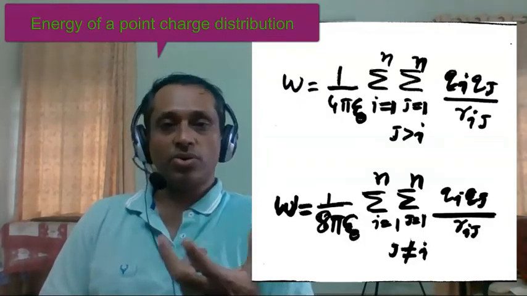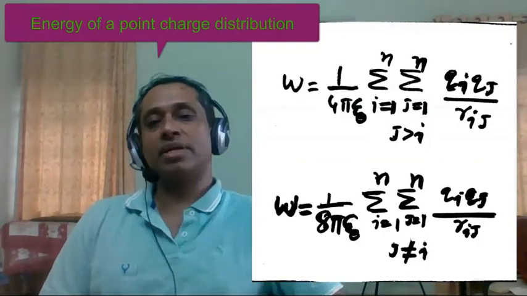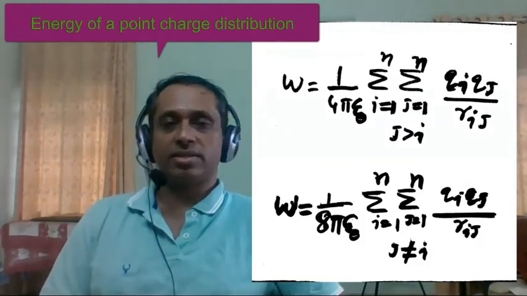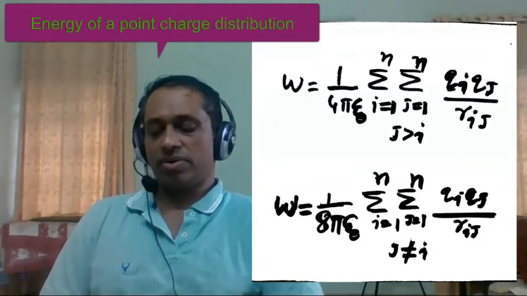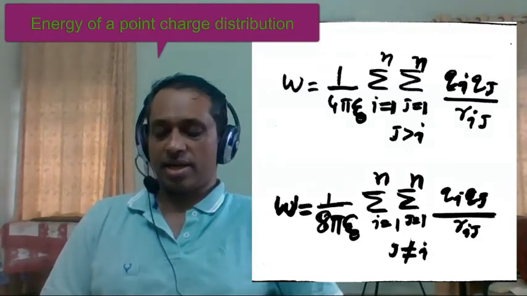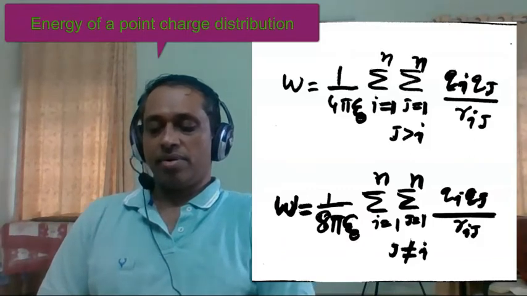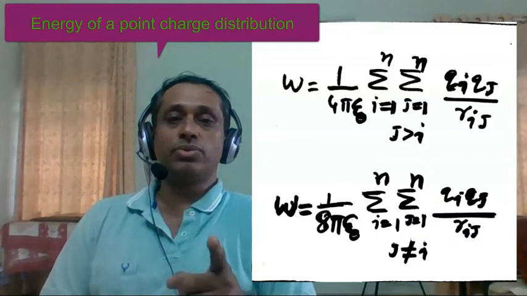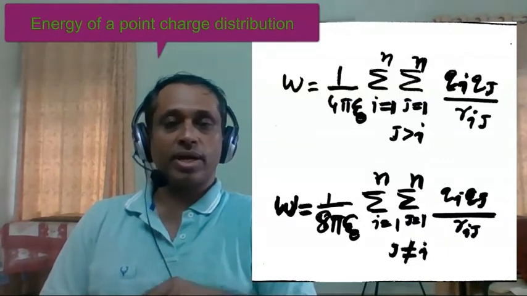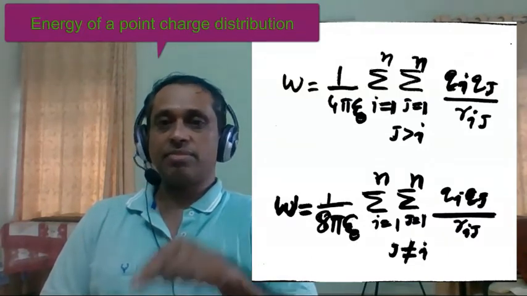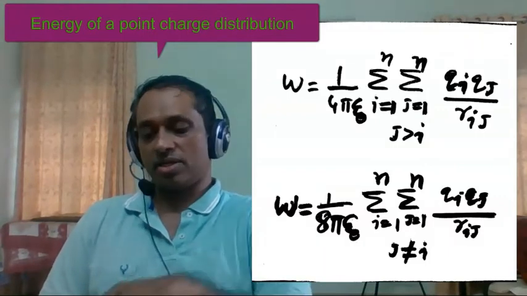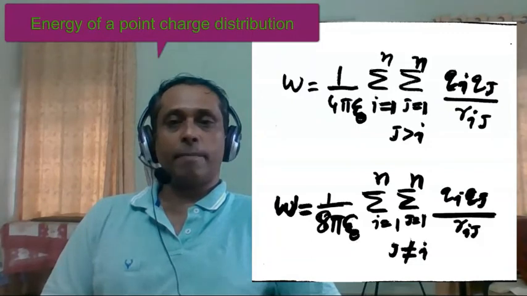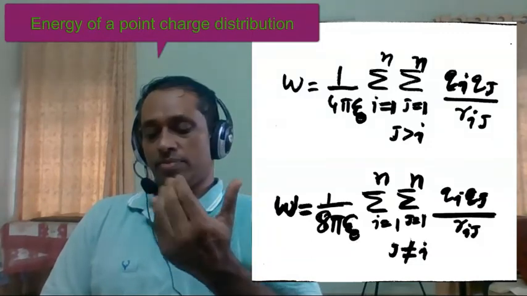So we will be taking the summation for each pair twice, and that is not needed. So that's why we have the condition j is greater than i. Also we have to avoid Q1, Q1, Q2, Q2, Q3, Q3, Q4, Q4. Such terms are not present in the summation, so that's why we have j greater than i.